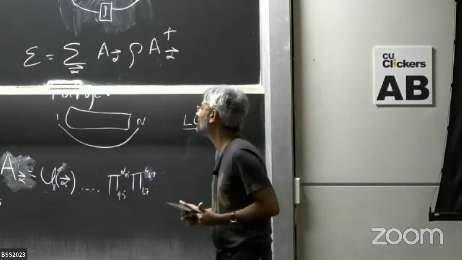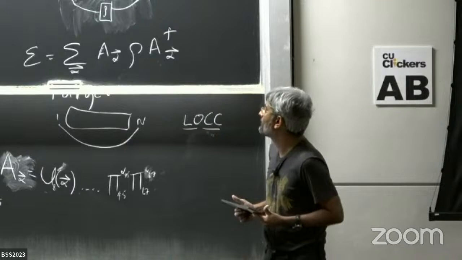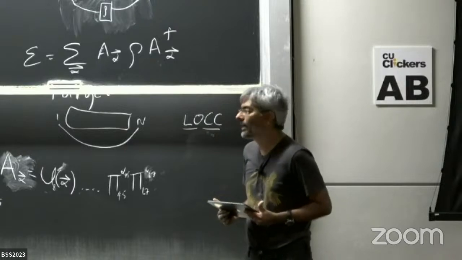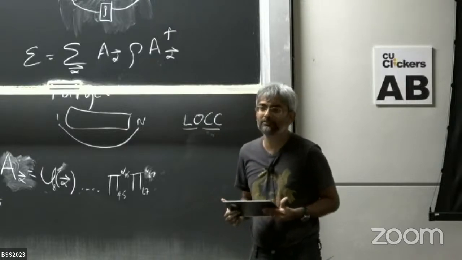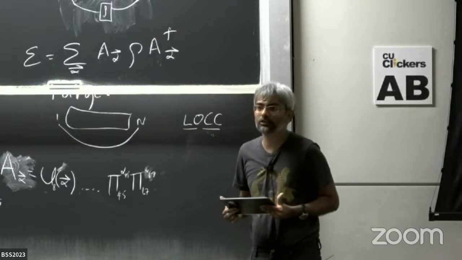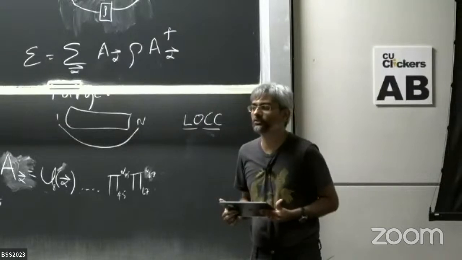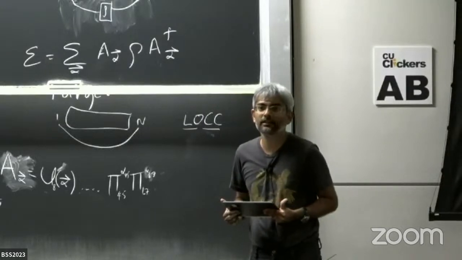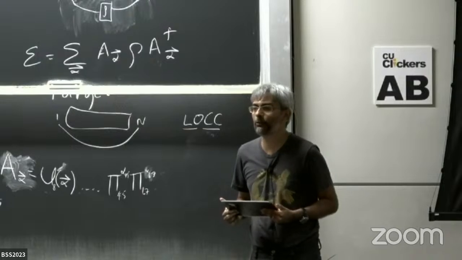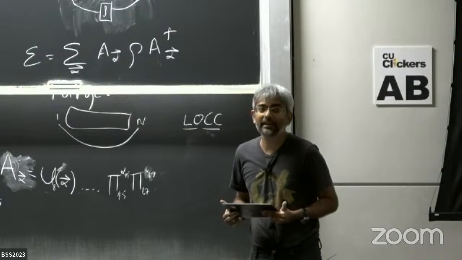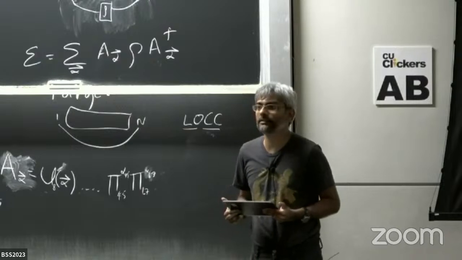You could ask a similar question in classical Markov chains. Can you have ordered phases in classical Markov chains that are local, with local update rules, that you wouldn't be able to have in equilibrium? For example, could you have ordering in one dimension? And the answer, rather surprisingly, is yes.